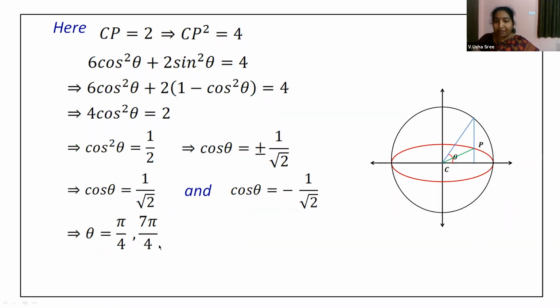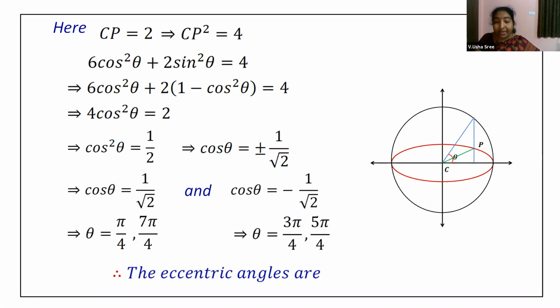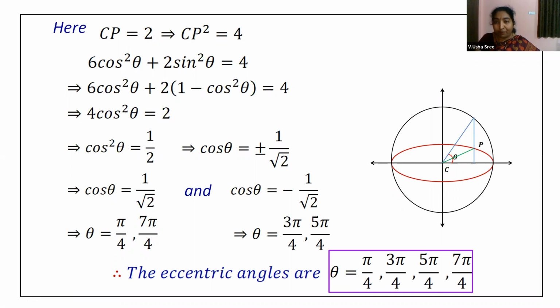And likewise, when cos theta is minus 1 by root 2, theta will be 3 pi by 4 and 5 pi by 4. Therefore, the eccentric angles will be theta is equal to pi by 4, 3 pi by 4, 5 pi by 4 and 7 pi by 4.